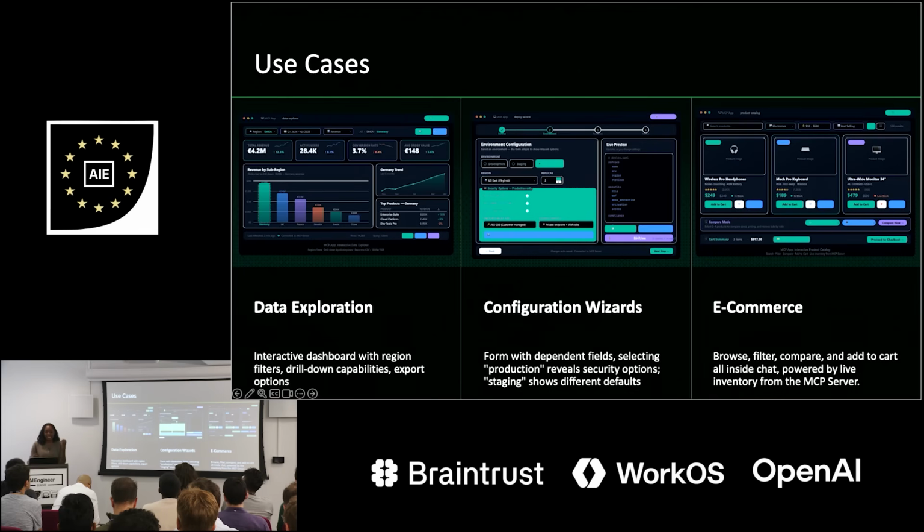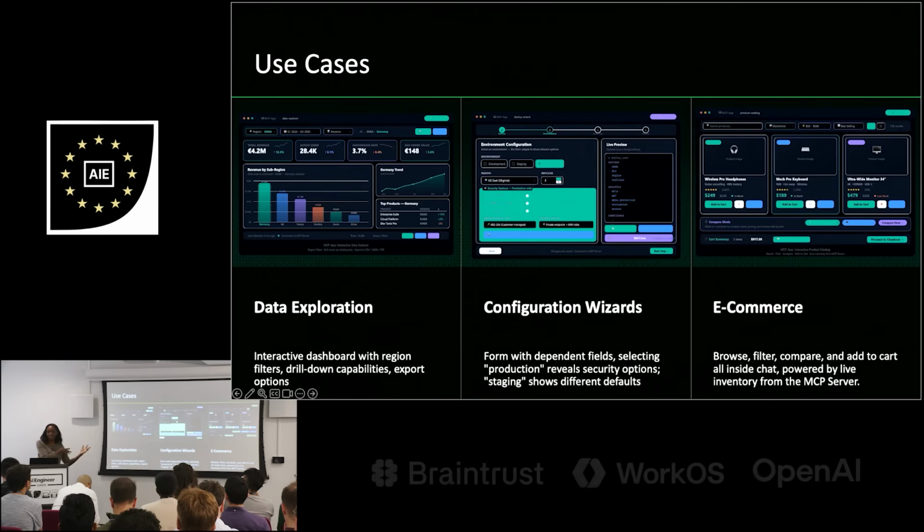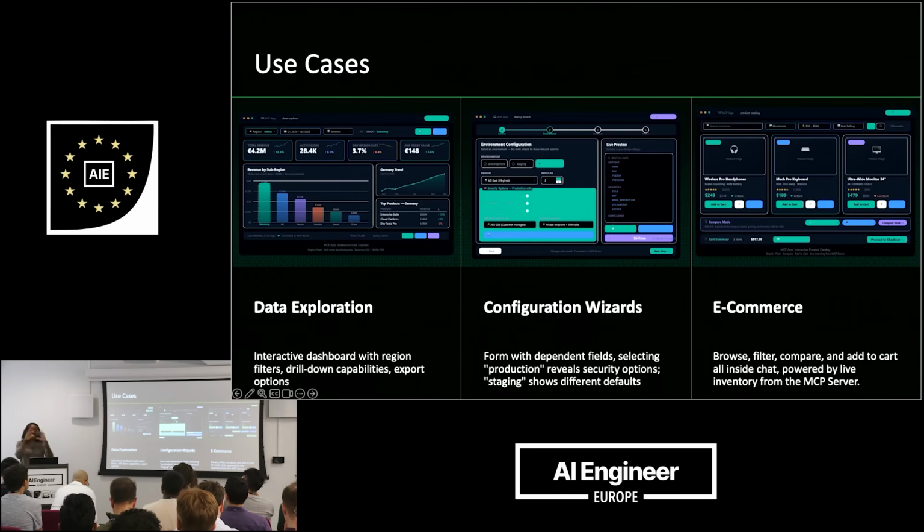In the past, what would happen is you might ask your client, can I buy something online? And then it would just return links to you, and you'd have to navigate over to the browser. What we want is to keep the user inside the chat and have them interact and have that experience there.